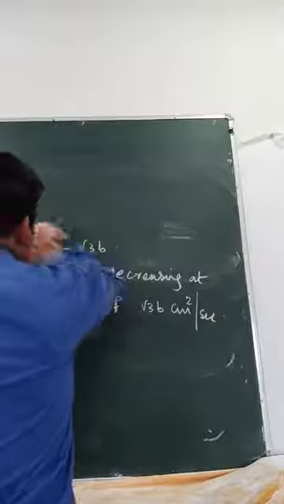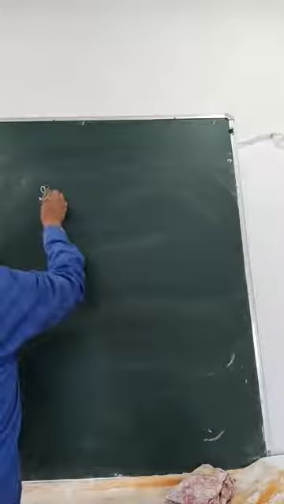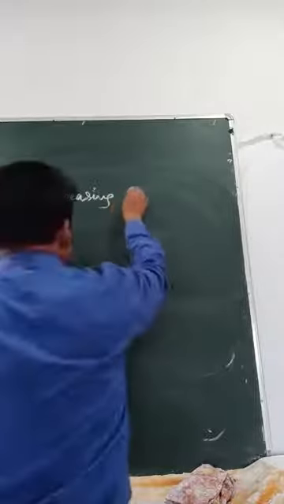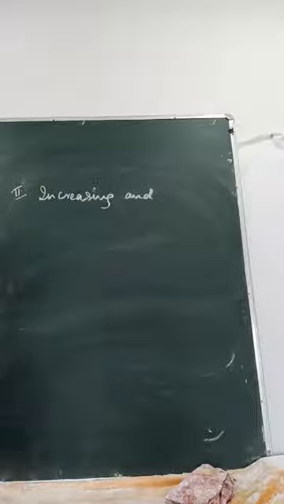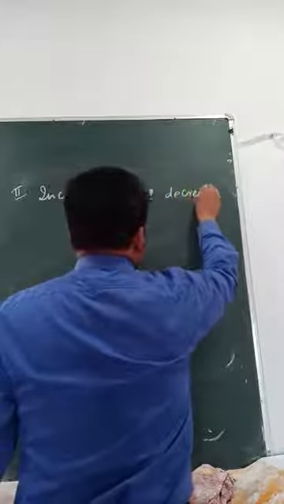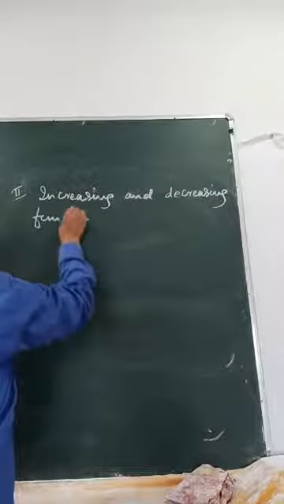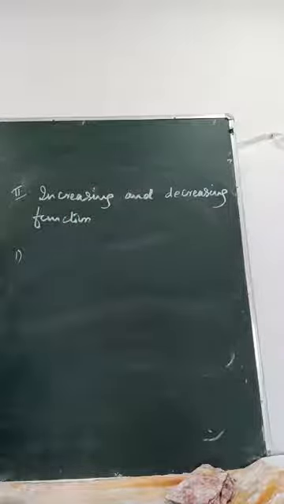So you go to a new article that is called increasing and decreasing function. Increasing is the second article. Decreasing function. Okay, I am drawing two graphs. Look at here.